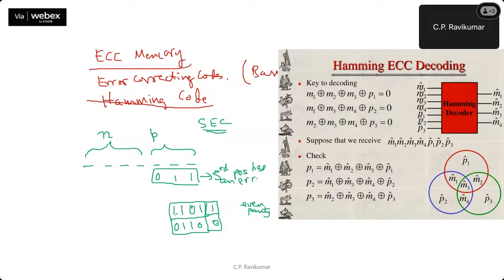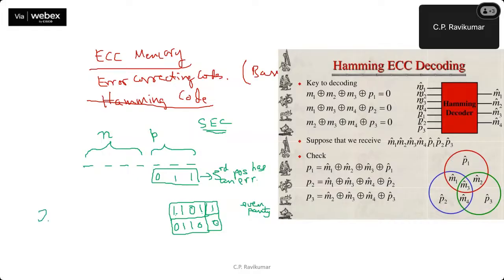If it says 000, that means there is no error. If it says 100, that means the fourth position has an error. Okay. So the number of parity bits that we need should be able to find a single error in any one of these positions. Okay.